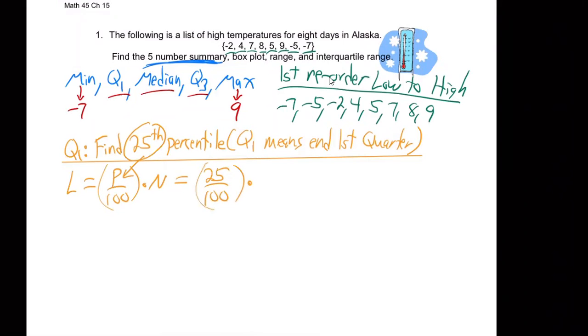It's 8. N is the total number of values. If we do that on your calculator, you'll get 2, I think, right? And so that's a whole number. It's not a decimal.